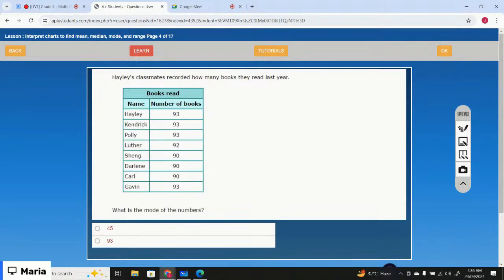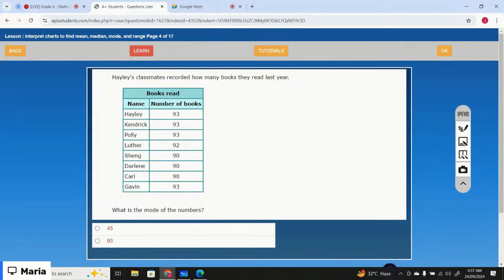Halley's classmates recorded how many books they read last year. What is the mode of the numbers? Mode is the number that appears the most. So which number is it? The mode is the number that appears the most in the given data.